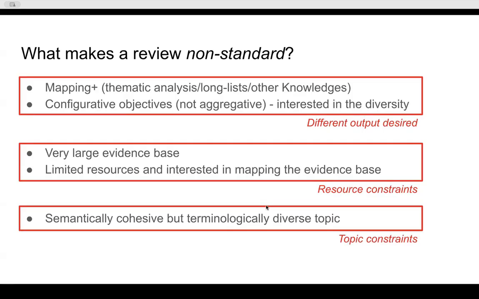And then we might also have topics which I really, really hate, but which are very common, which are semantically cohesive, meaning they are all related conceptually, but terminologically disparate, disconnected, which means they are all on the same thing, but they all use different words to describe it. These are also called diffuse concepts.